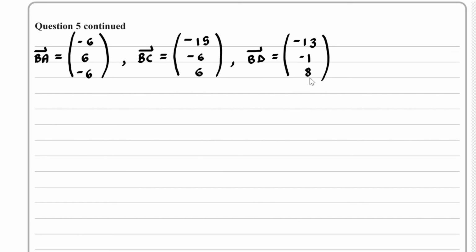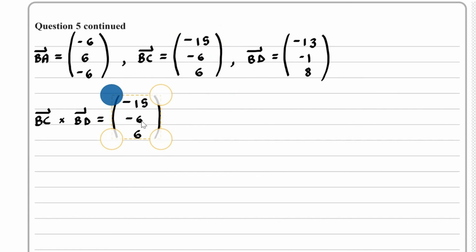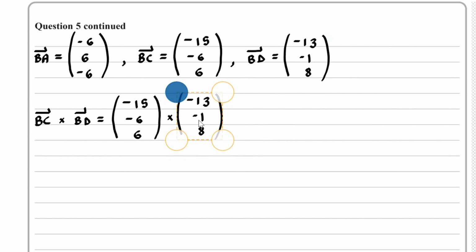And so what we can do at this point is find out what BC cross with BD is. So if I work out what this is, I've got this vector cross with this vector here.